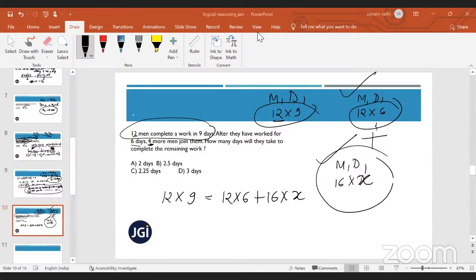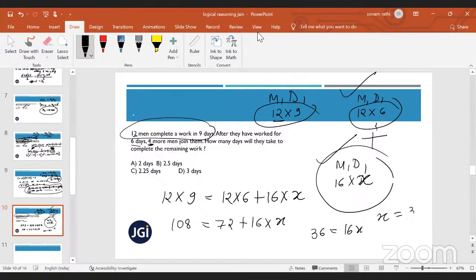2.25. Yes, correct. So 12 into 9 is 108 is equals to 12 into 6 is 72 plus 16 into X. So 108 minus 72 is 36 is equals to 16x.